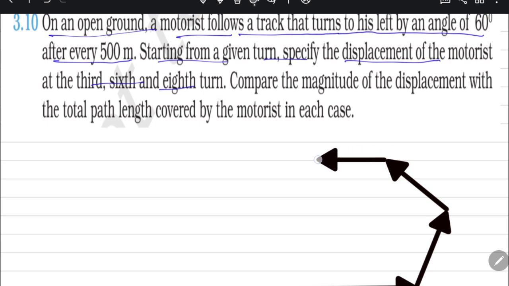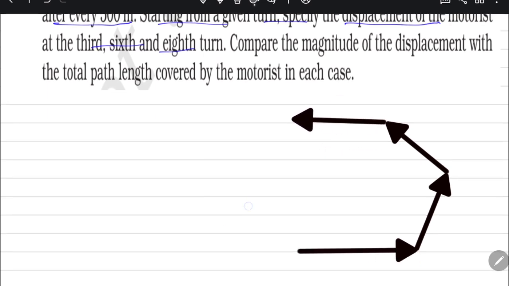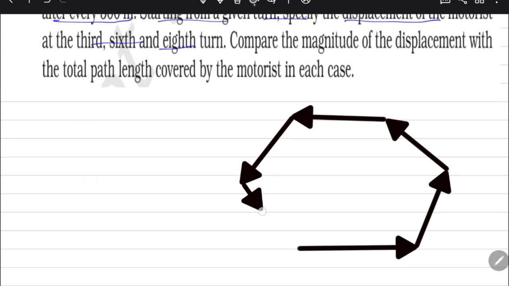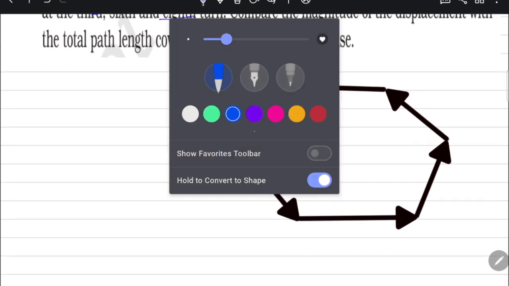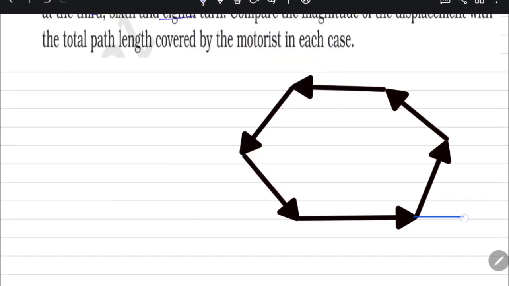In this question they are making a 60-degree turn, so it is like this. You understand? So I made the diagram, now I explain this. It is like this situation: they are making a 60-degree turn every time.